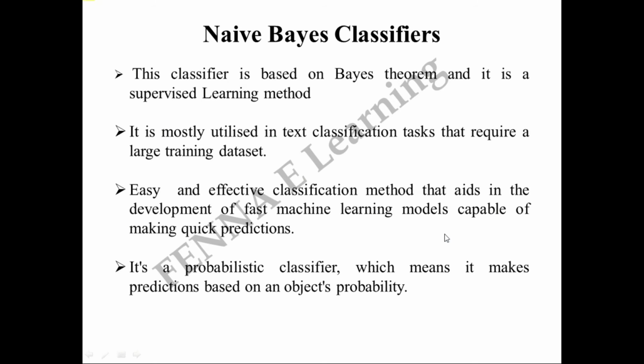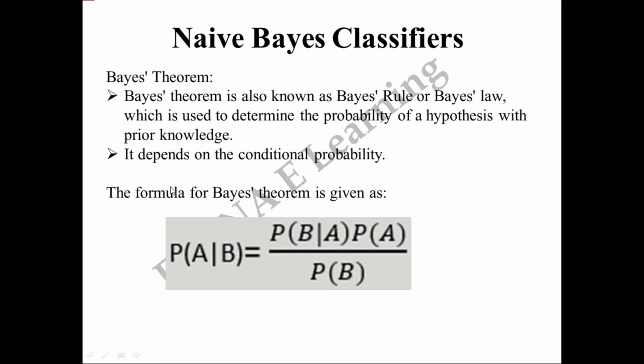It is a probabilistic classifier, which means it makes predictions based on an object's probability. The Bayesian classifier is based on Bayes' law, which is used to determine the probability of a hypothesis with prior knowledge, and it depends on conditional probability.